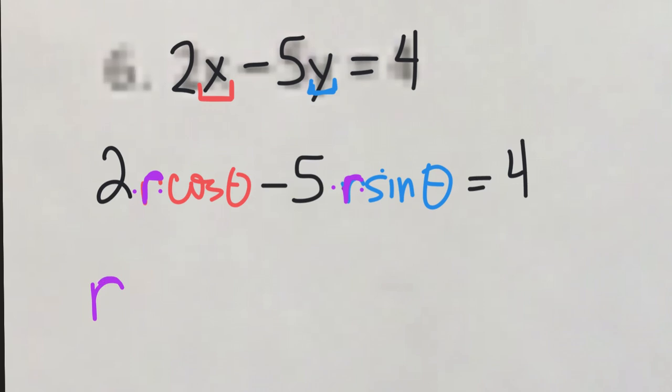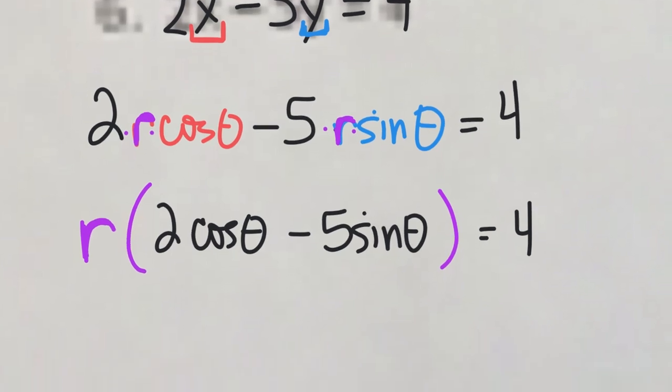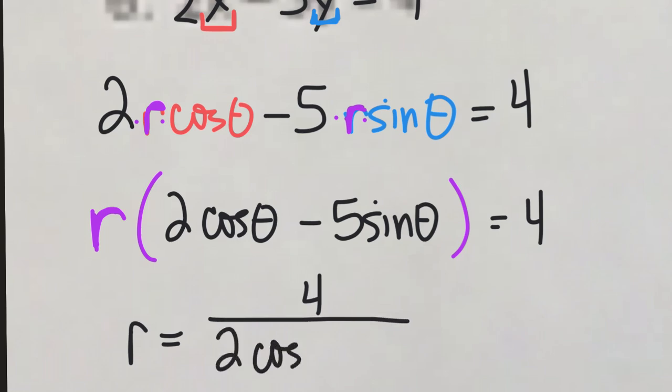So when they have the same common multiplier, I can factor that r out from both of my terms. Because I can't solve an equation with 2 r's in 2 separate places. So I need to combine them into 1 r by factoring. So my final operation would be to divide both sides by this entire subtraction.